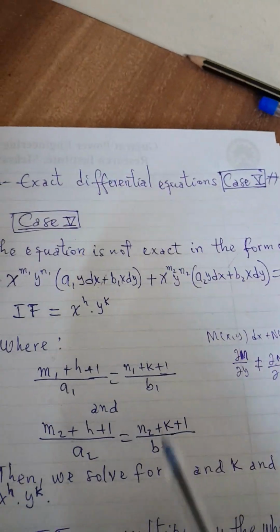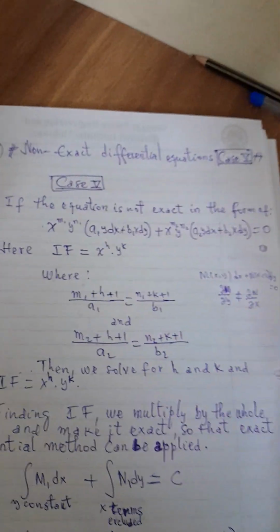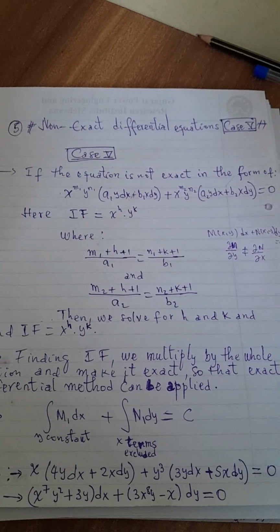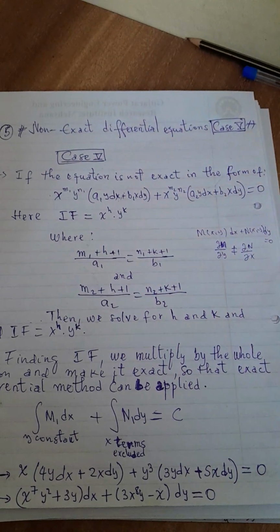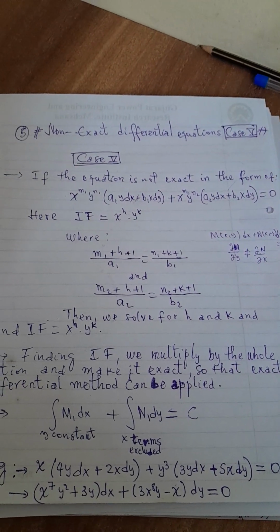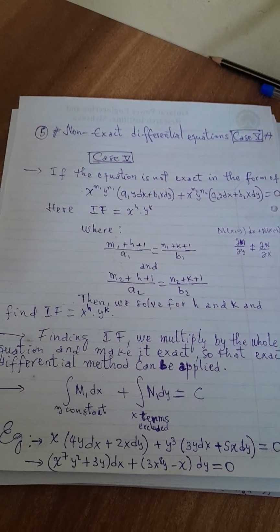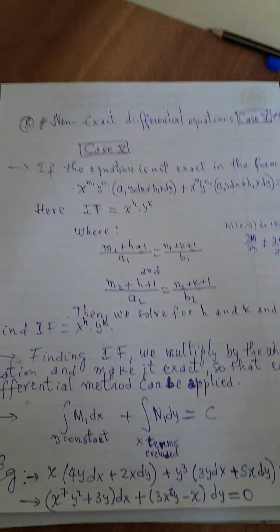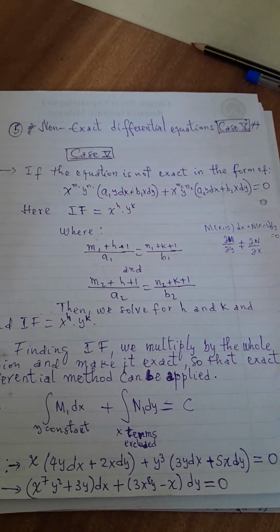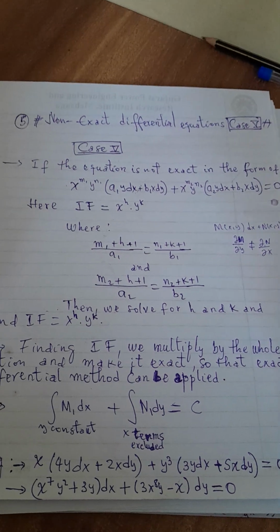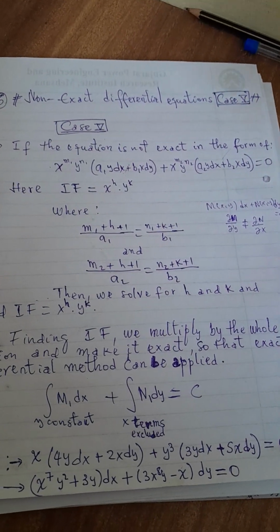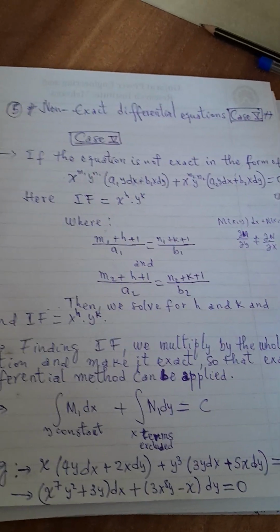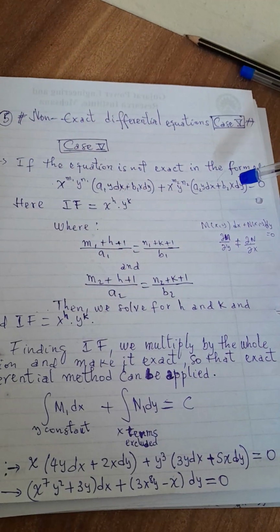So the first thing we have to do is to check. For this fifth case, case number 5, we will analyze which method, or which integrating factor, we have to find in case the non-exact differential equation is given in this form that you can see.